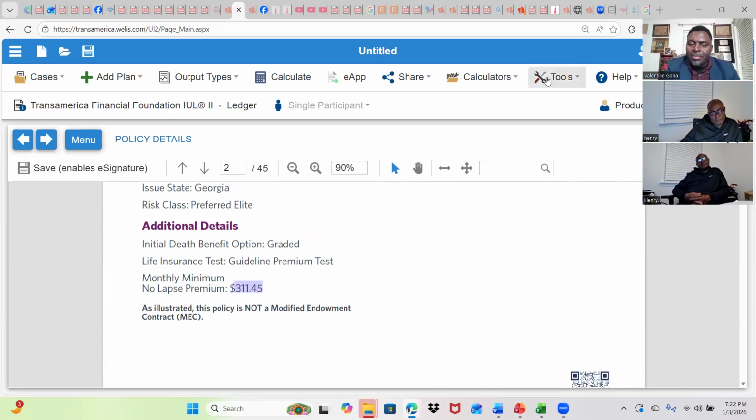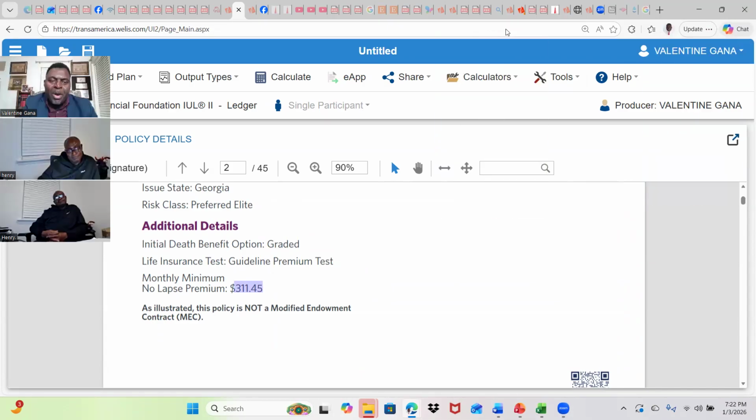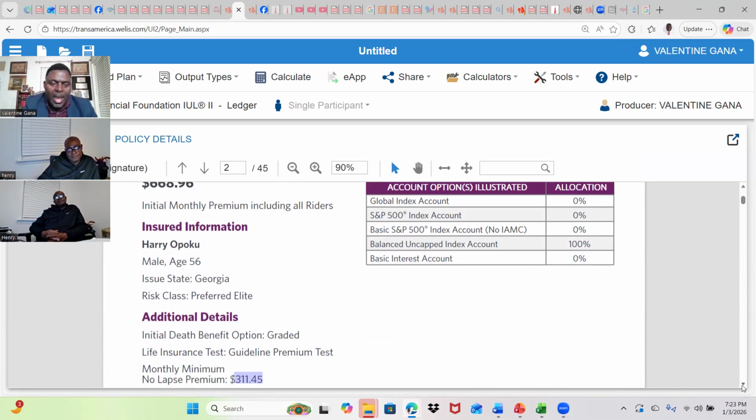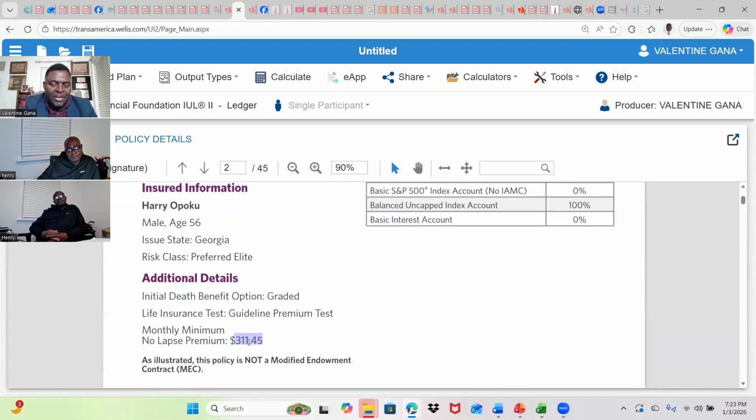So what does that mean? Let me explain. If you get this policy, you're making your payments every month, and then maybe you've paid for 6 months over 1 year, and the economy gets tough, things get tight, and you cannot meet the 668. You can drop your payment to a minimum of 311.